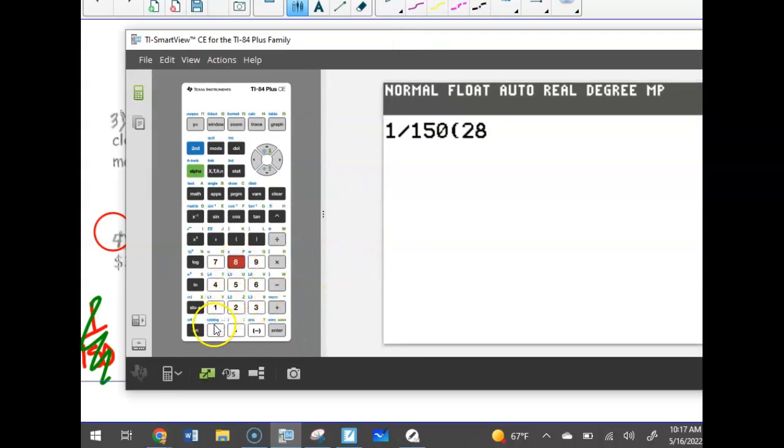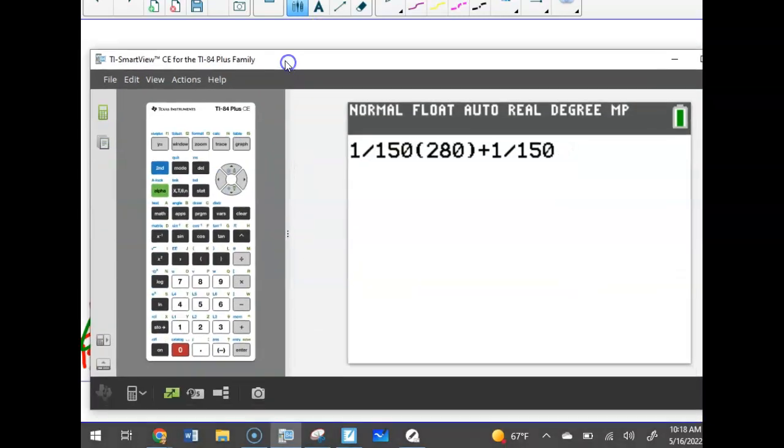$280 plus 1 over 150 times $30 plus 2 of the 150 win $50, but that only clears them $30.